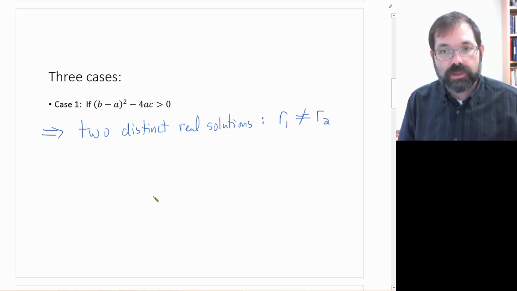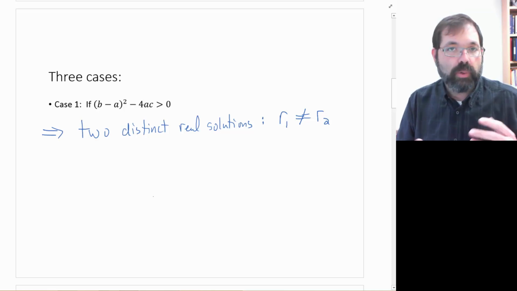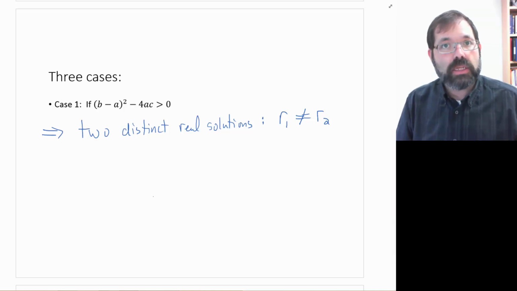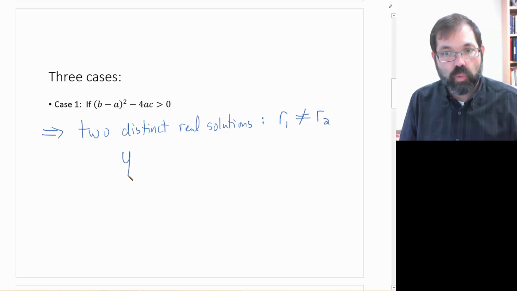If that's the case, then we would have linearly independent solutions, y1 and y2. So y1 would be x to the r1, and y2 would be x to the r2.